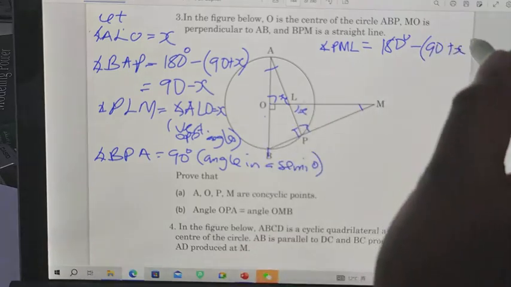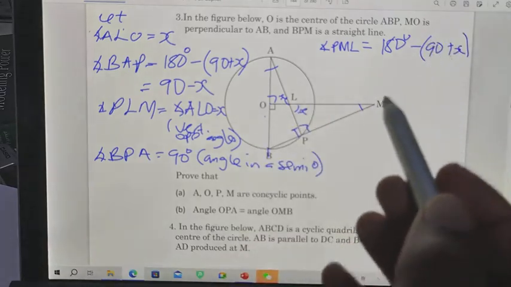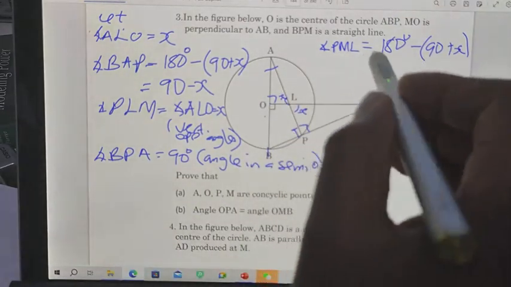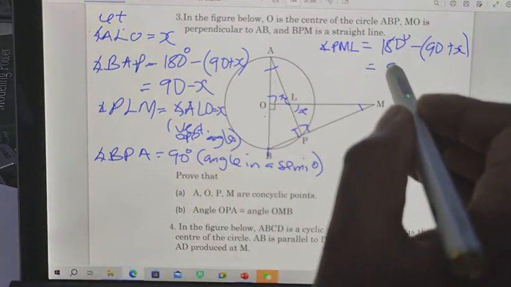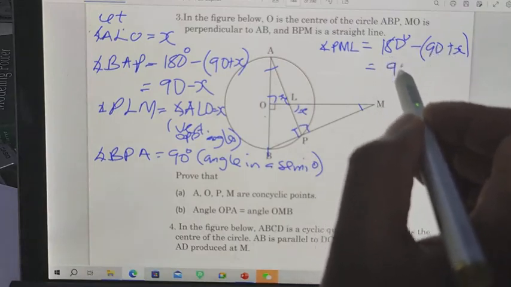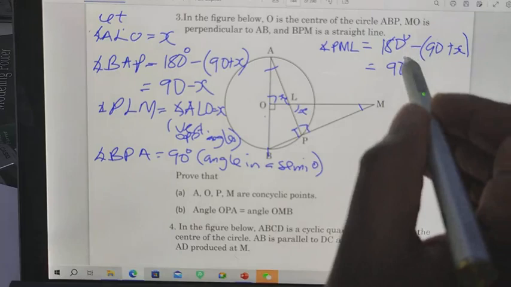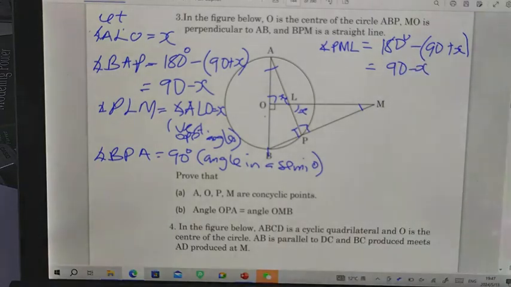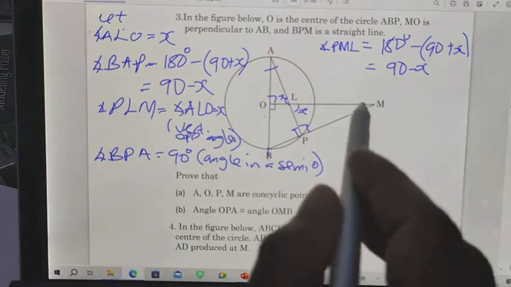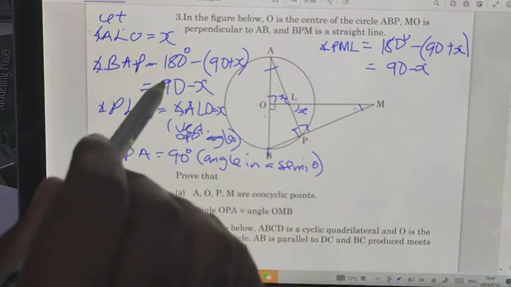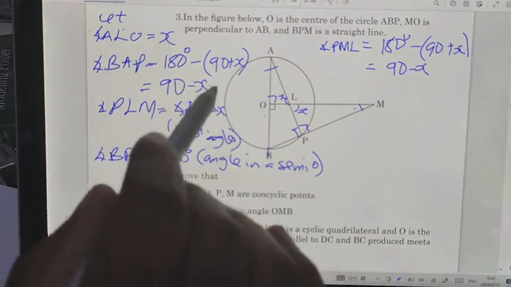So this one is equal to 180 minus 90, that's 90 minus x. So we have also found that angle as 90 minus x. Remember here we have also found that angle as 90 minus x.